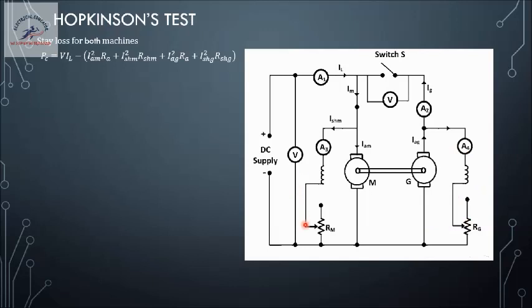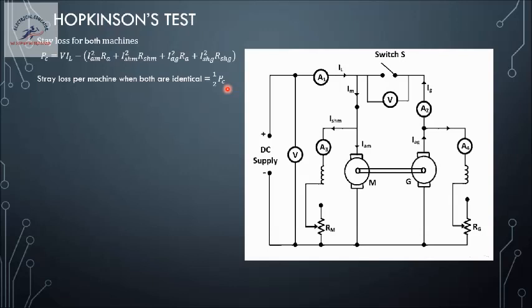So we are using the terminology RSHM and RSHG here. Whereas in the armature circuit, we are not using any series resistance, and both machines are identical, so R is used for the armature resistance of both machines. Now if PC is the constant or stray loss for both machines, and since the two machines are identical, dividing this by 2 gives the approximate stray loss of an individual machine.